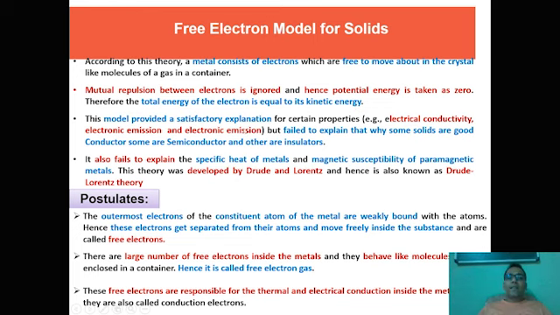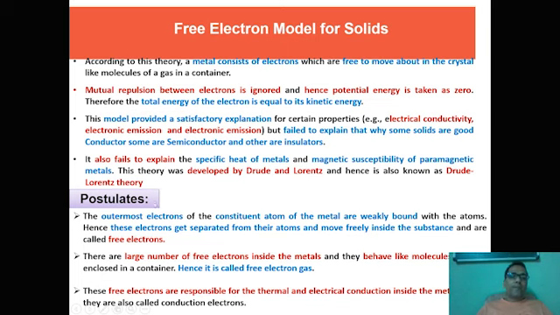This model provides a satisfactory explanation of certain properties, such as electrical conductivity and electronic emission, but failed to explain why some solids are good conductors and some are semiconductors or insulators. It also failed to explain the specific heat of metals, magnetic susceptibility of paramagnetic metals, and so on. This was developed by Drude and Lorentz.